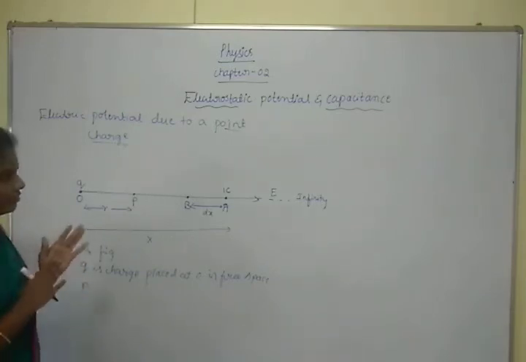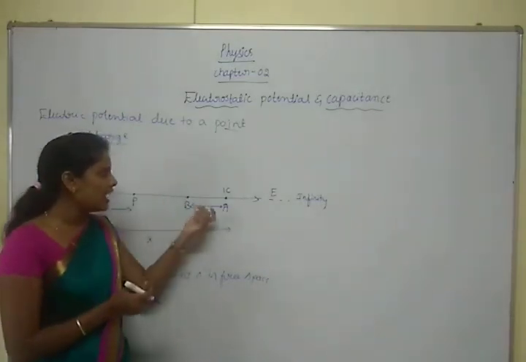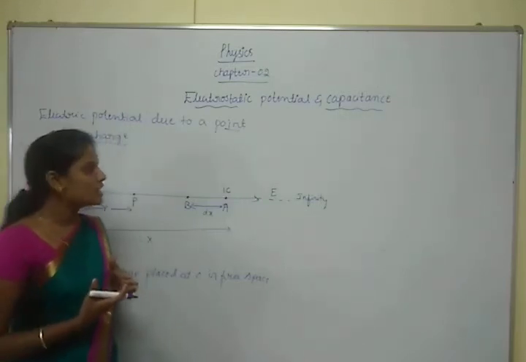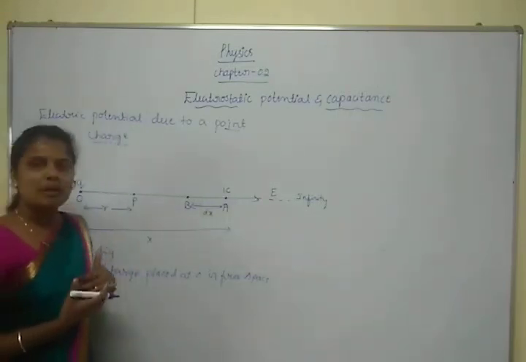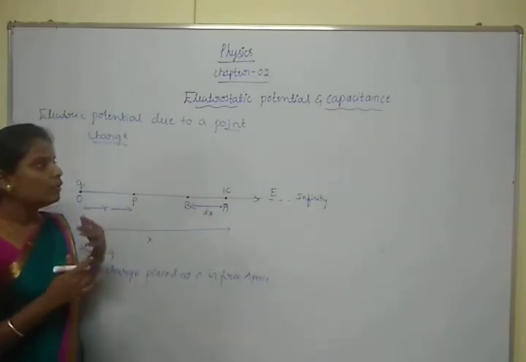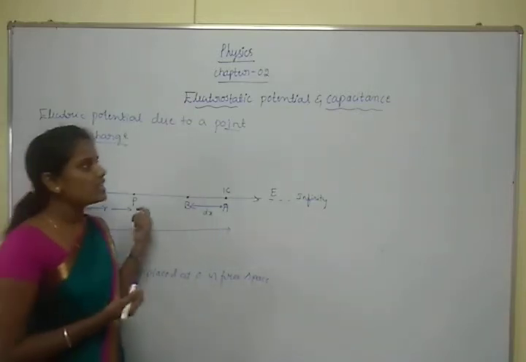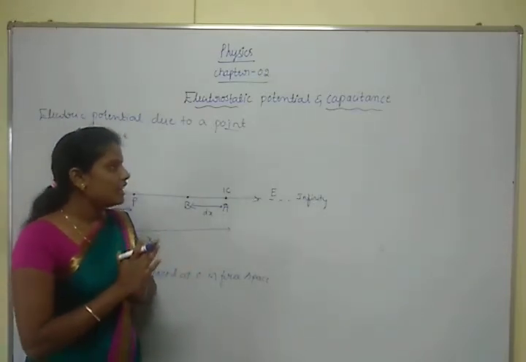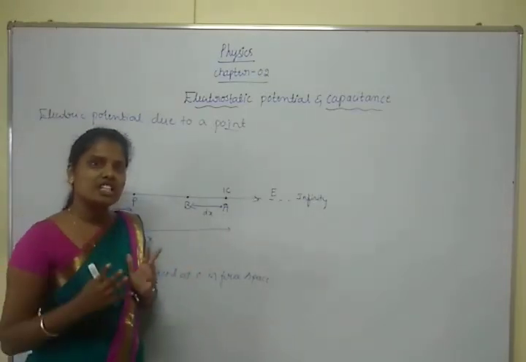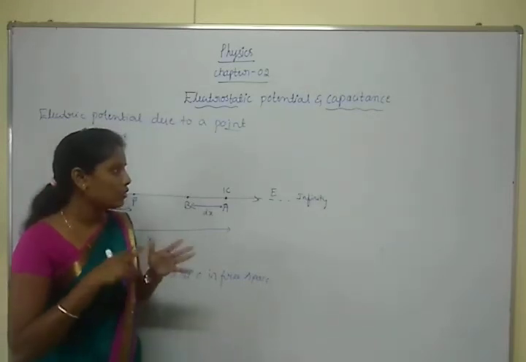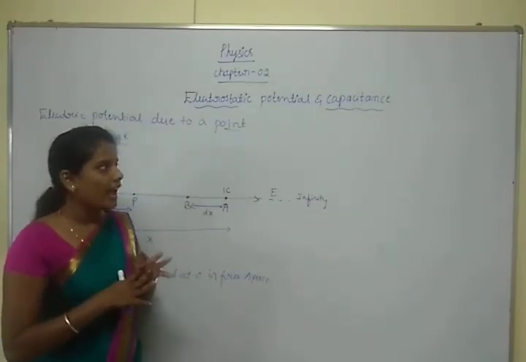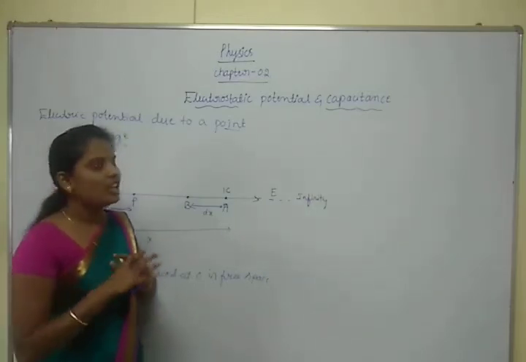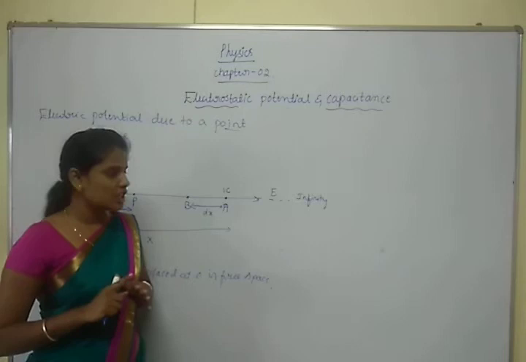When a charge is placed in an electric field, it experiences some force. In the previous chapter, we learned about Coulomb's law. Coulomb's law says that the force of attraction or repulsion between two charges is the product of the magnitudes of the charges and inversely proportional to the square of the distance between them.